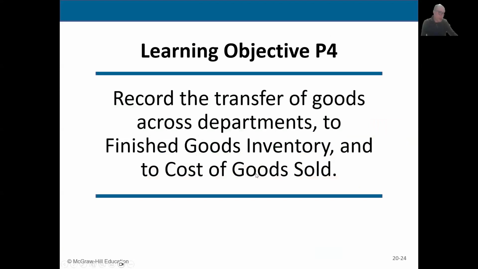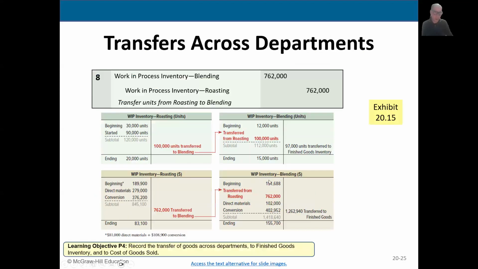And then as the process moves, we of course transfer that cost as the product moves from one department to another. And so let me show you what that physical flow looks like. As the cocoa beans are done being roasted, they then need to be transferred to the blending department.